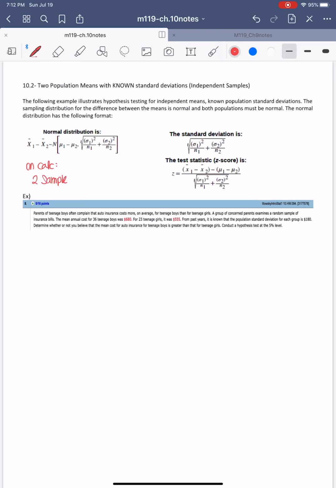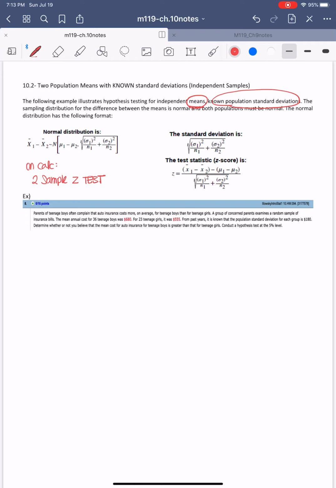Why two-sample z-test? Because we are dealing with two sets of data. So this time, the parameter is mean, and population standard deviation is known. Then you use the two-sample z-test. So here's the exercise. Let's take a look at this one.